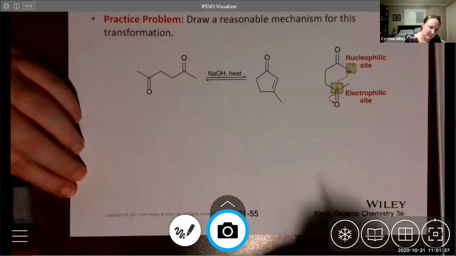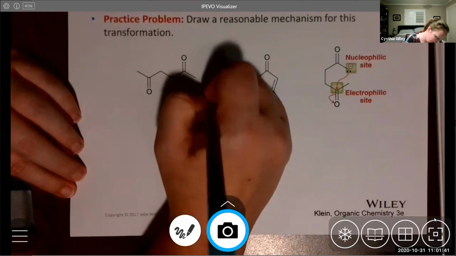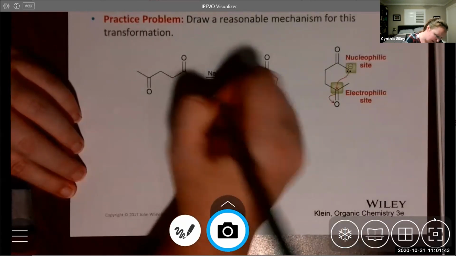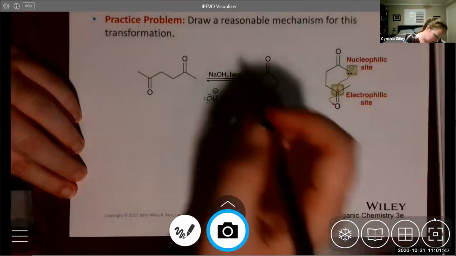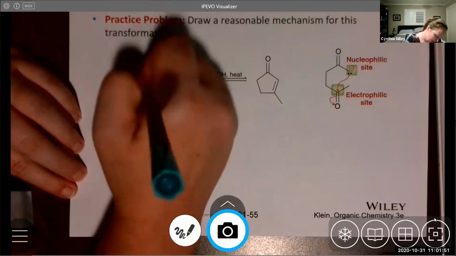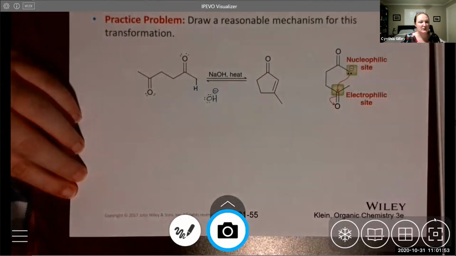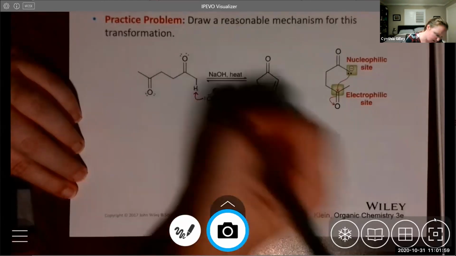So the first step is going to be deprotonation using sodium hydroxide. And again, looking at this kind of gives us an idea of where we should do that deprotonation. Go ahead and draw in one of the hydrogens attached to the terminal carbon. So I'm going to show a proton transfer.